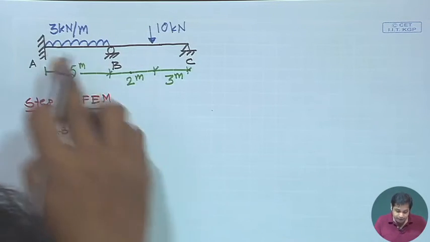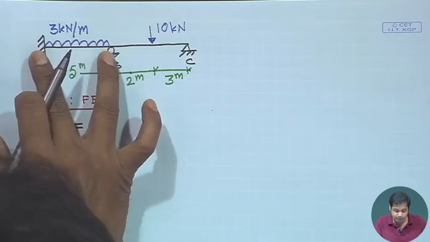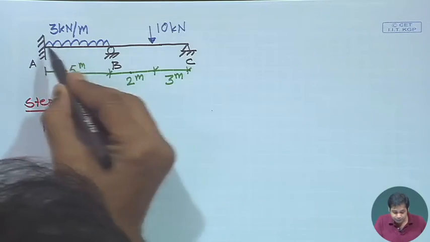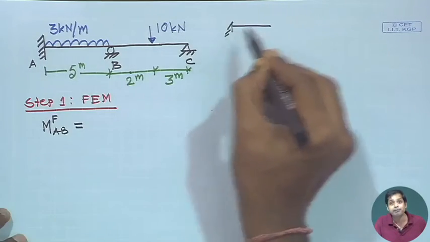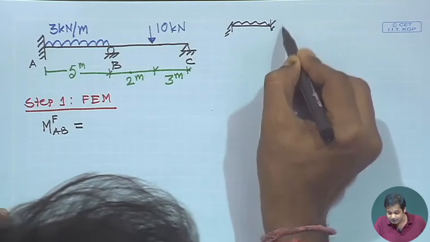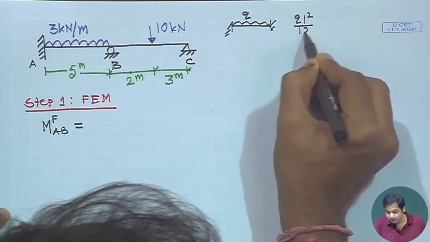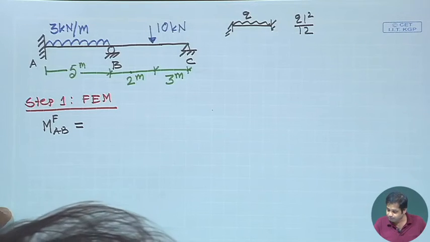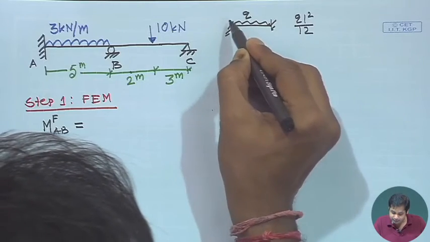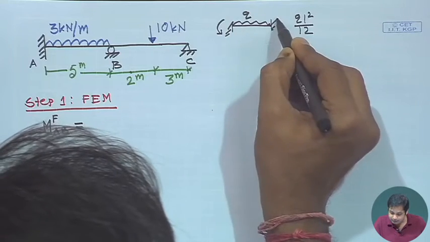This entire span is subjected to uniformly distributed load, and recall that for a fixed beam subjected to uniformly distributed load, the fixed end moment is q L square by 12.